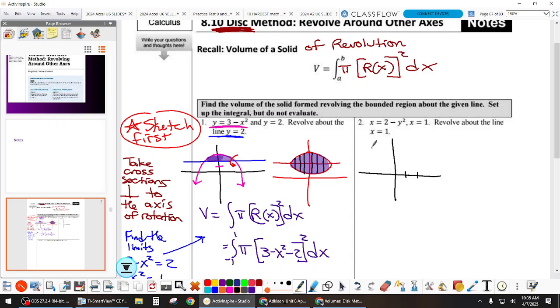Well, I just turned my paper. Oh, okay. That's a good idea. Christian knows more shortcuts, am I right? I can't turn my screen, but I wish I could. And the line x equals 1.